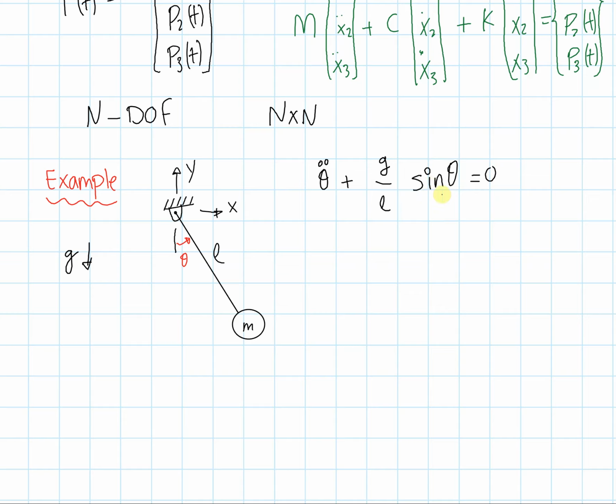So this is clearly a nonlinear equation of motion, the equation of motion for a simple pendulum, and it's really quite hard to obtain such equations of motion using Newton's laws. It's definitely doable, but it's difficult.